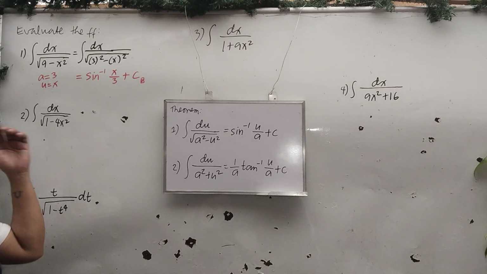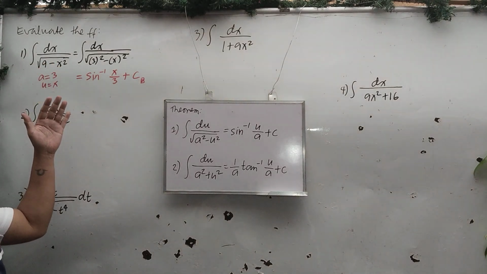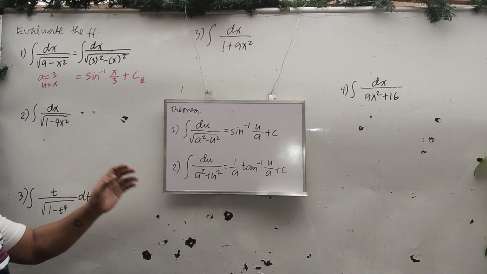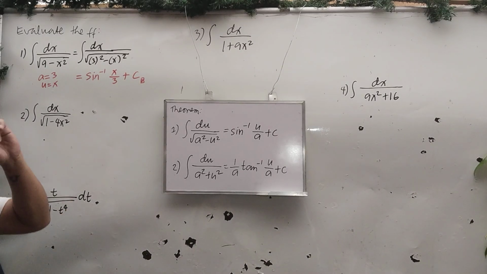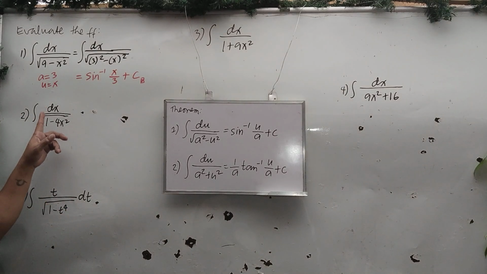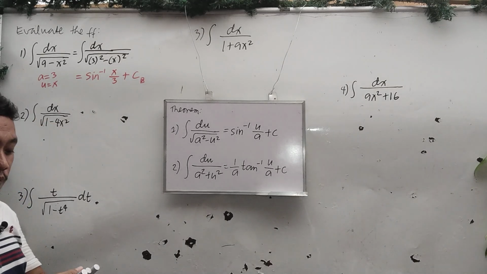This one is different. Again, I told you that 1, 2, 3 belong to theorem 1, but they are different types of examples. Number 2: the integral of dx over the square root of 1 minus 4x squared.